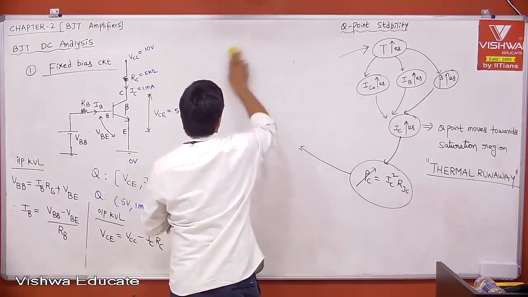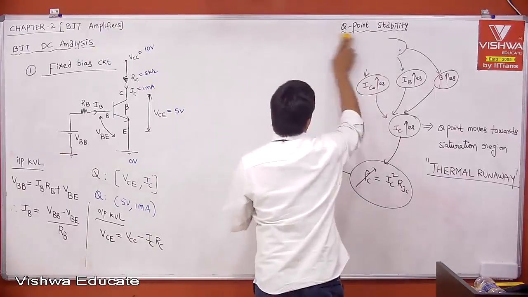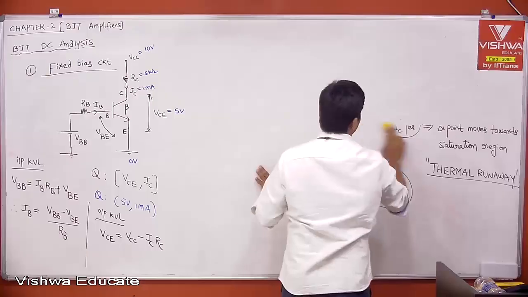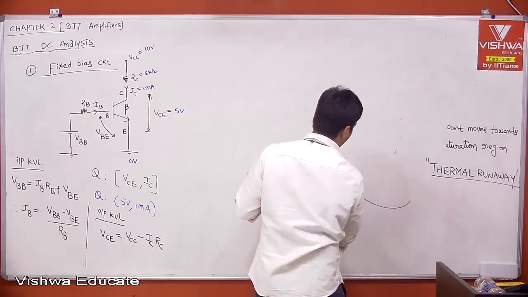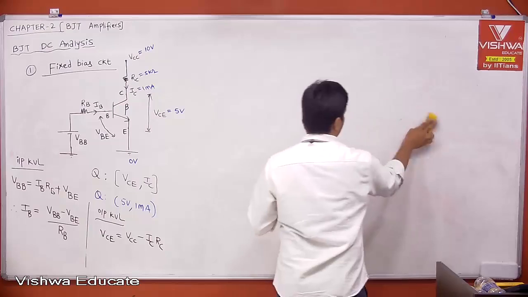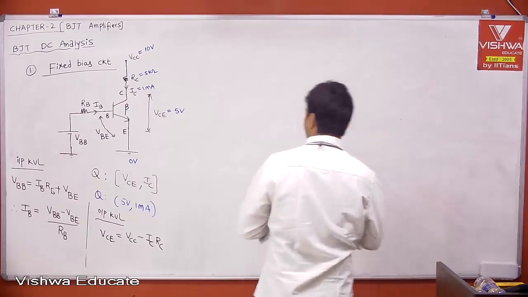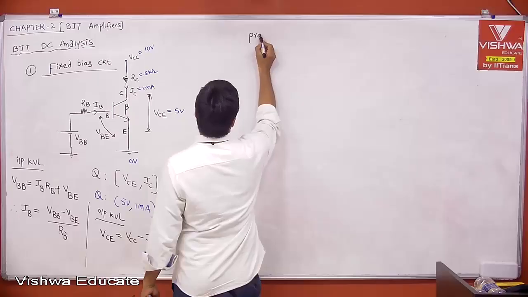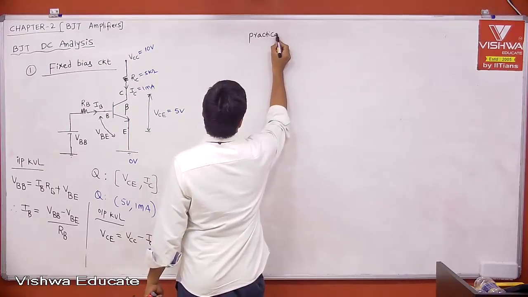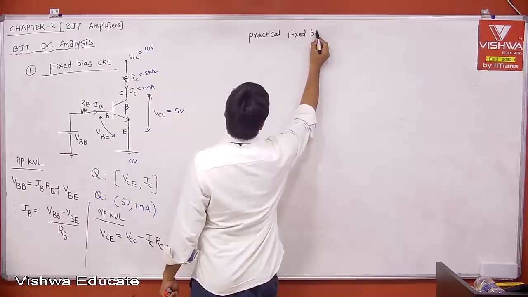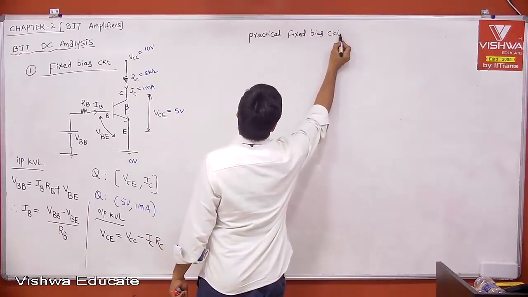With that, fixed bias circuit is over, and we have two more circuits. If that is done, DC analysis is over. Then I will close the session. Write down practical fixed bias circuit with only one supply.